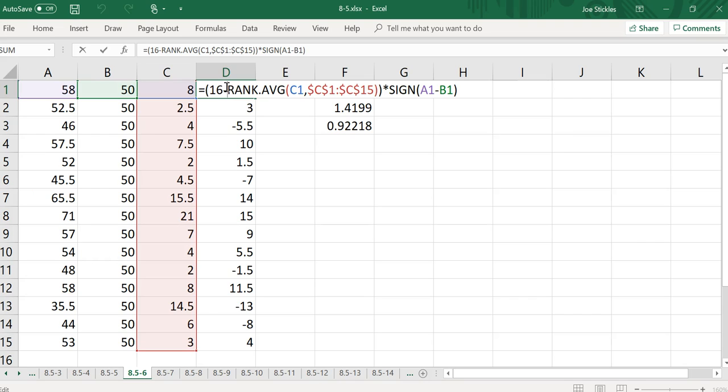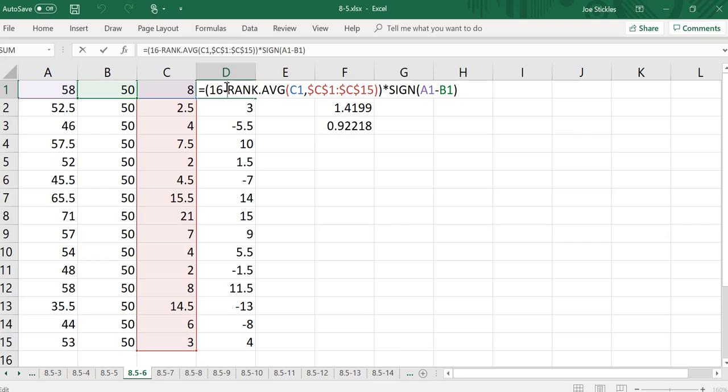Rank average does exactly the reverse of what you want. So that's why we've got this 16 minus in front. It's to reverse the order so that we get the right order for the Wilcoxon statistic, because further away from the median, we want to give a higher weight. It's the whole reason why we're doing it.